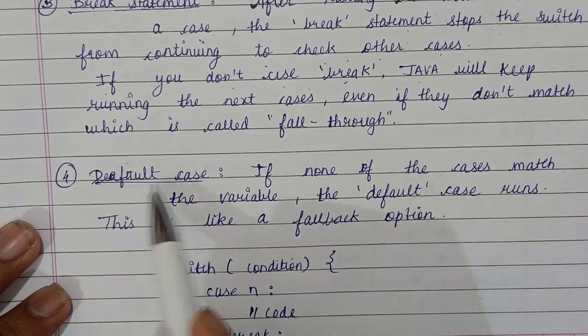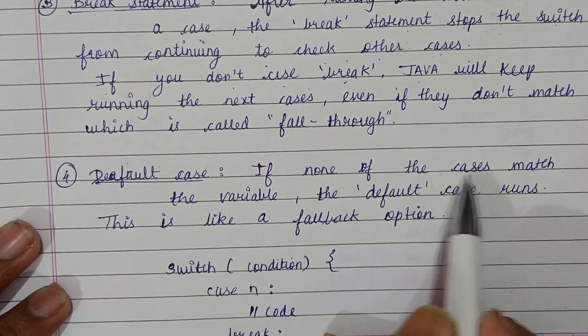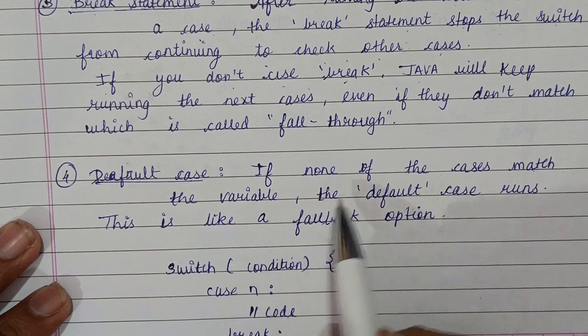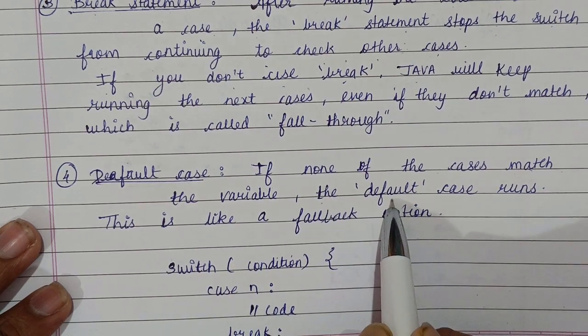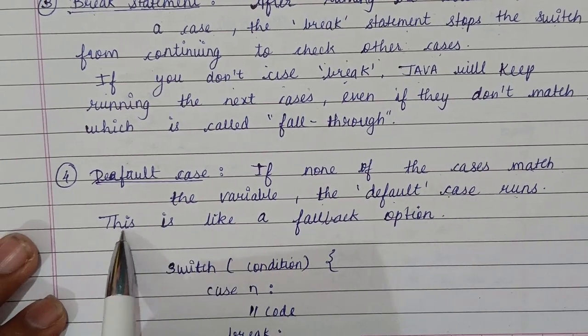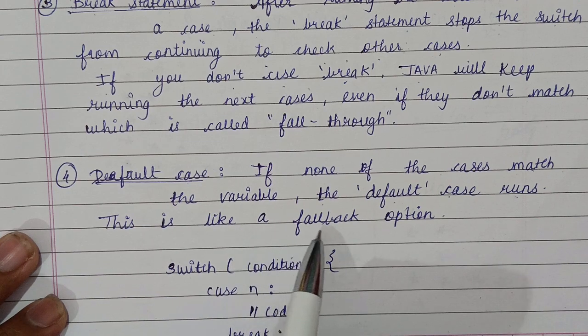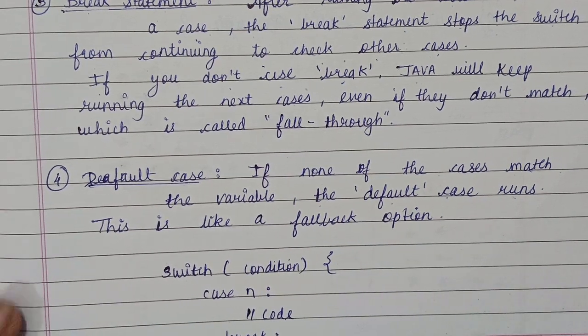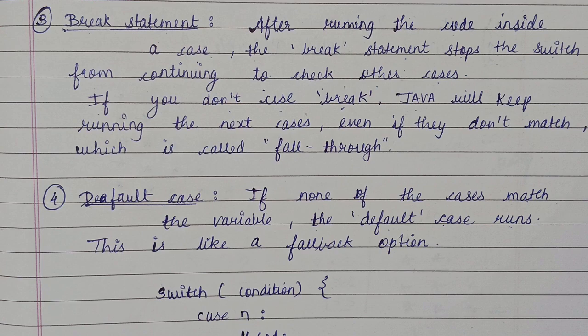Next, the default case. If none of the cases match the variable, the default case runs. This is like a fallback option. If none of the cases match from n number of cases, then the default block will always be executed.